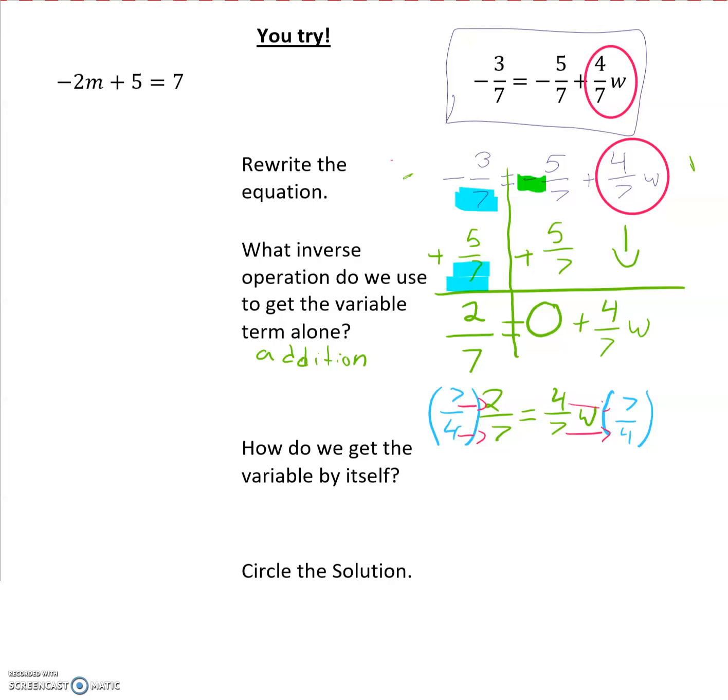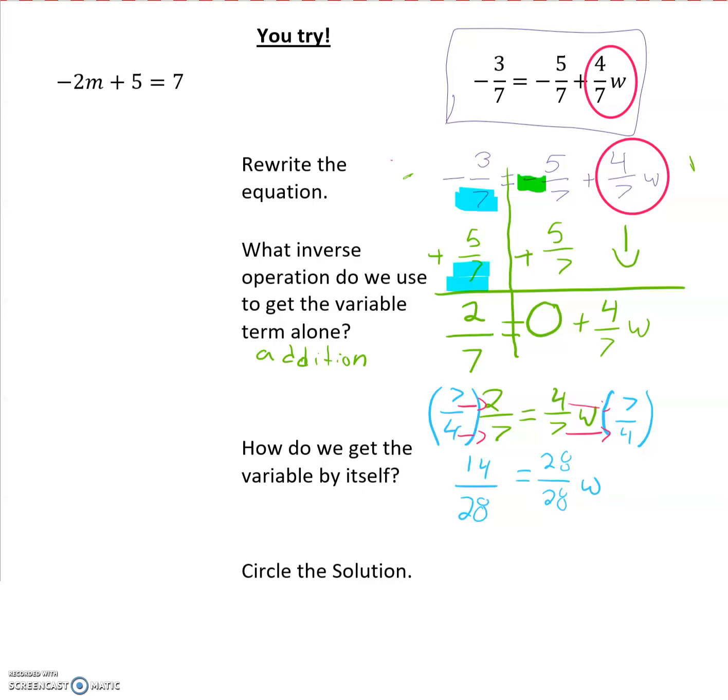So now we can say that on our variable side of the equation, we have 4 times 7, which is 28, divided by 7 times 4, which is also 28, and our variable. On the left side of our equation, we have 7 times 2, which is 14, divided by 4 times 7, which is 28.